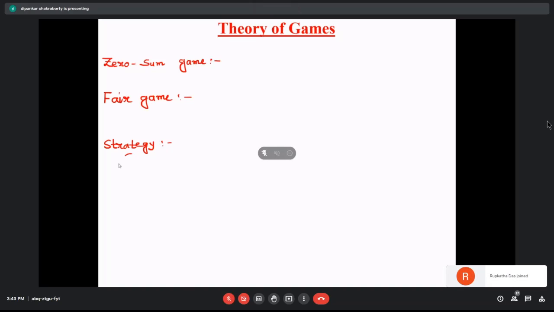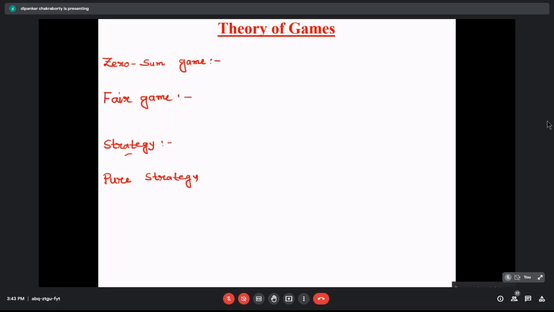Two types of strategies are there. One is the pure strategy and the other is the mixed strategy. Okay, pure strategy and mixed strategy. The initial part is slightly theoretical.